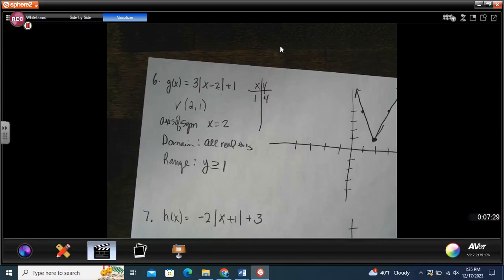So -1, 3 is the vertex. Equation of the axis of symmetry would be x equals -1.